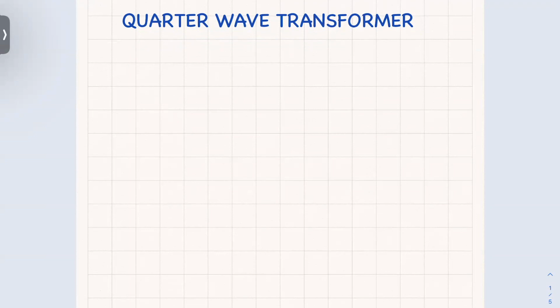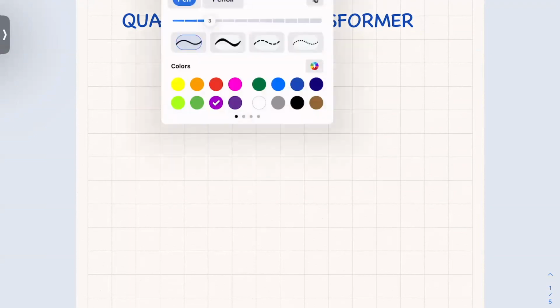Okay, so I will draw here a transmission line.